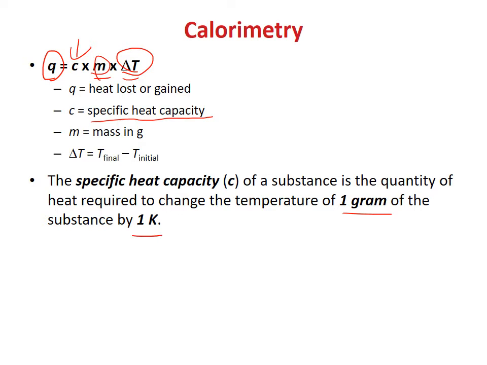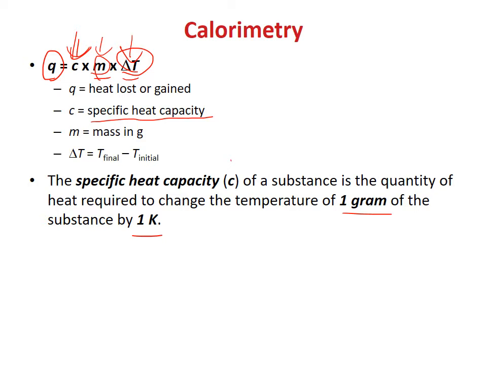So if we know the specific heat capacity C, and we know the mass, and if we can measure the temperature change, then we can calculate how much heat is involved in a specific process.